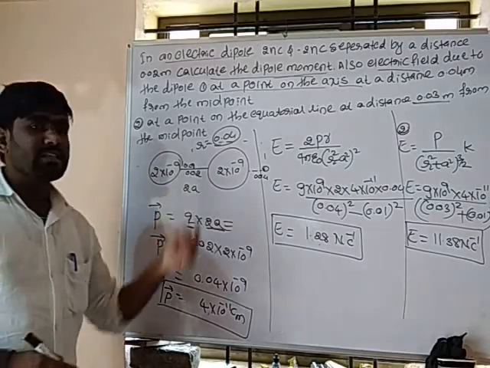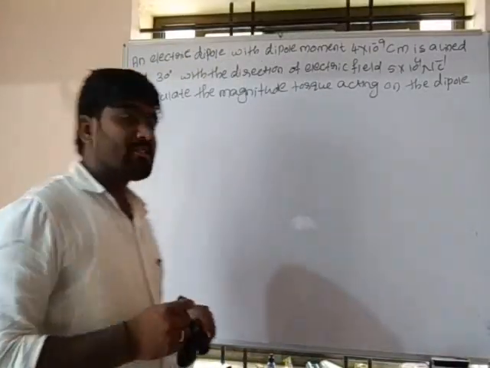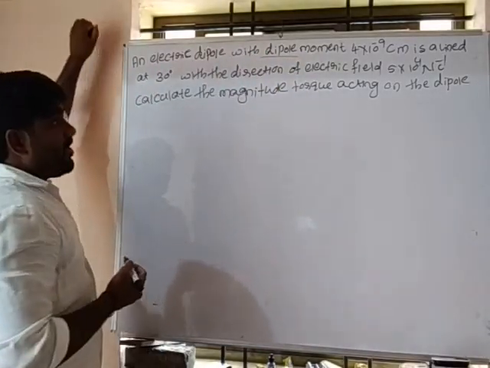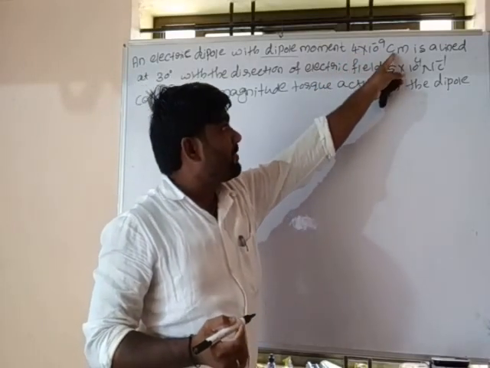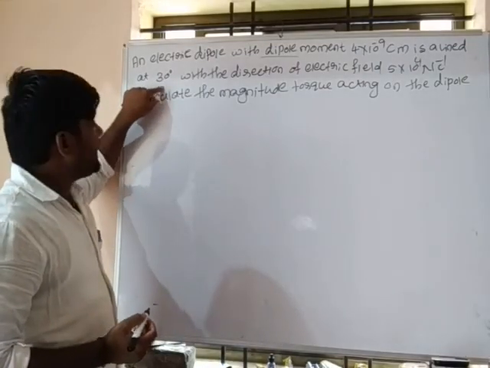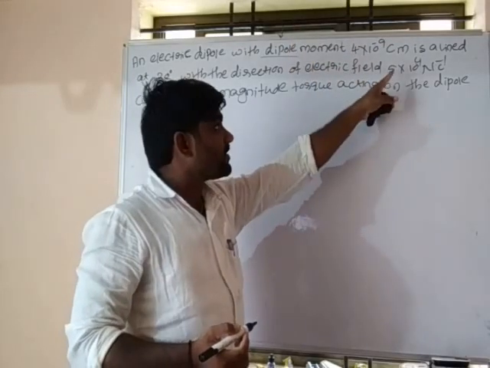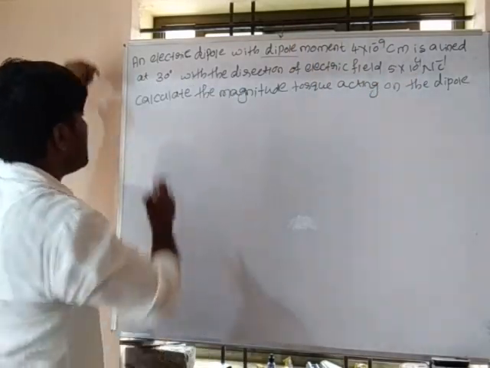See the next question, based on torque. An electric dipole with a dipole moment P of 4 into 10 to the power minus 9 Coulomb meter is aligned at 30 degrees with the direction of an electric field E of 5 into 10 to the power 4 Newton per Coulomb.